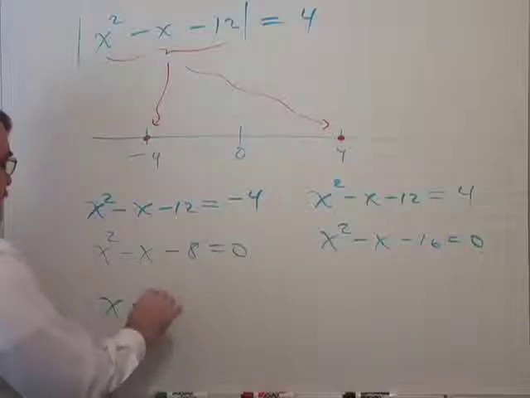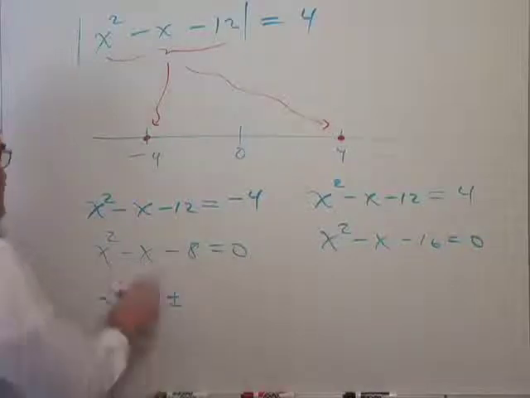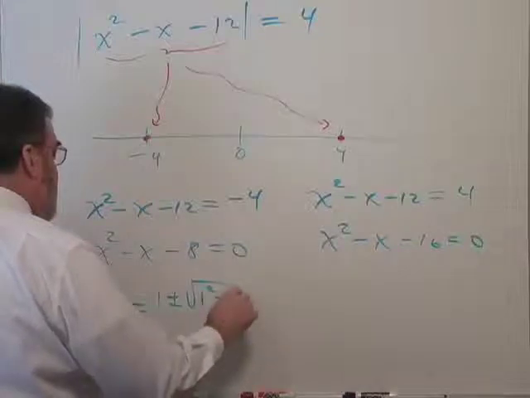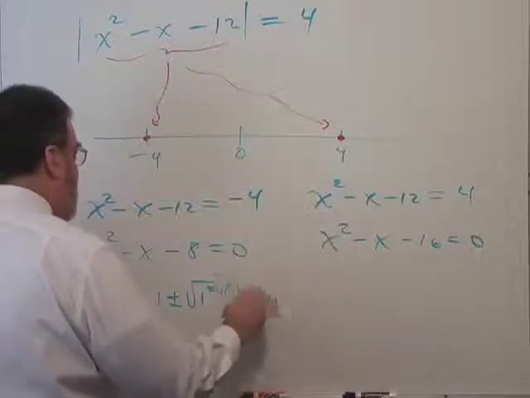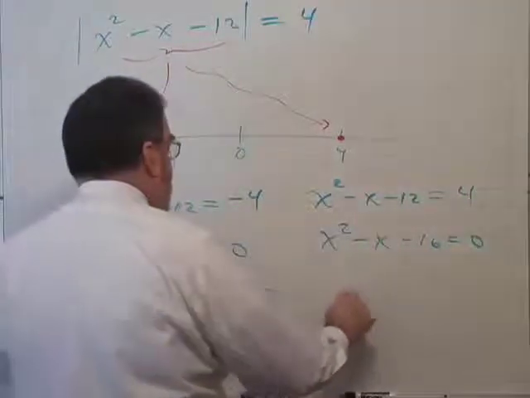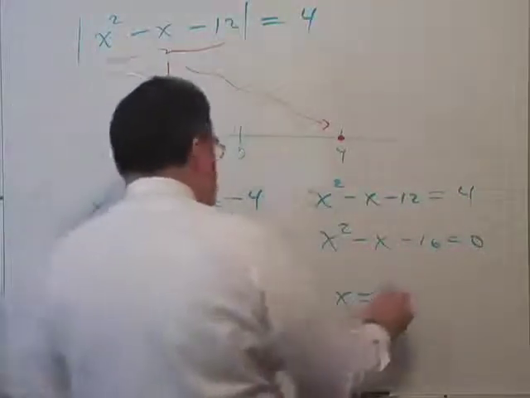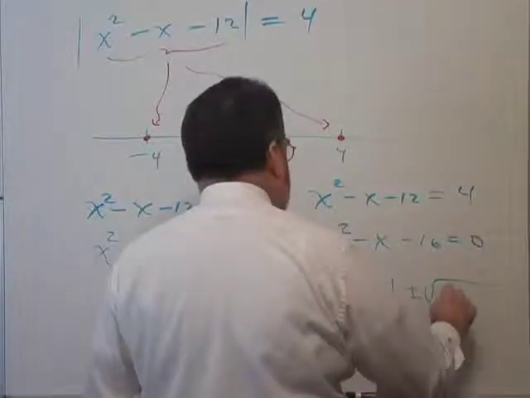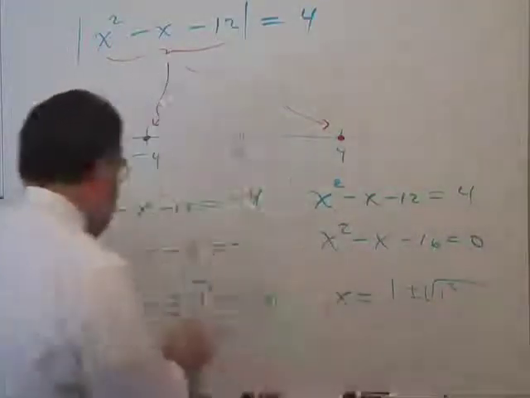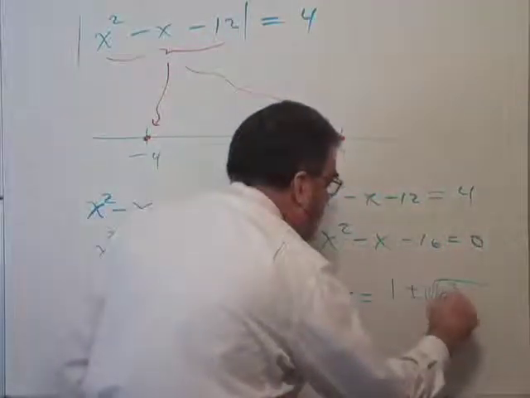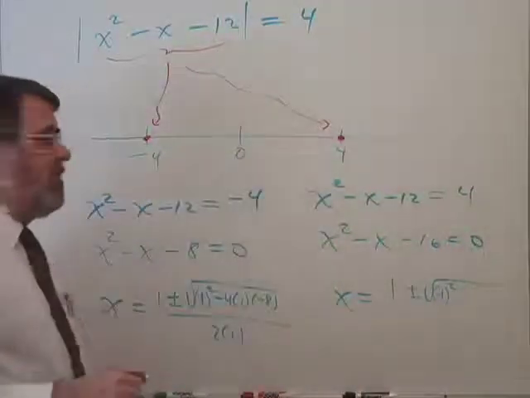So x would be 1 plus or minus the square root of 1 squared minus 4 times 1 times -8, over 2 times 1. Over here, x would equal 1 plus or minus square root of 1 squared. Actually, it's -1 squared, but we'll get 1 squared when we square that.